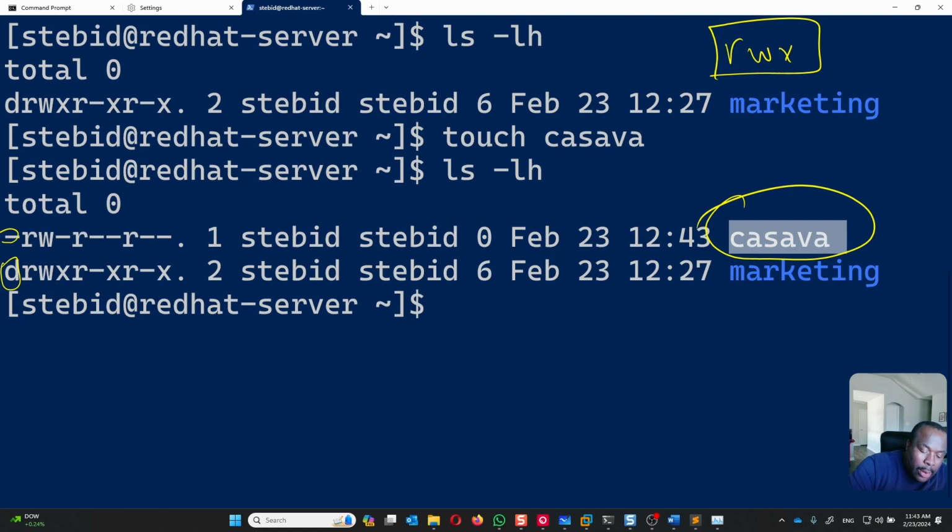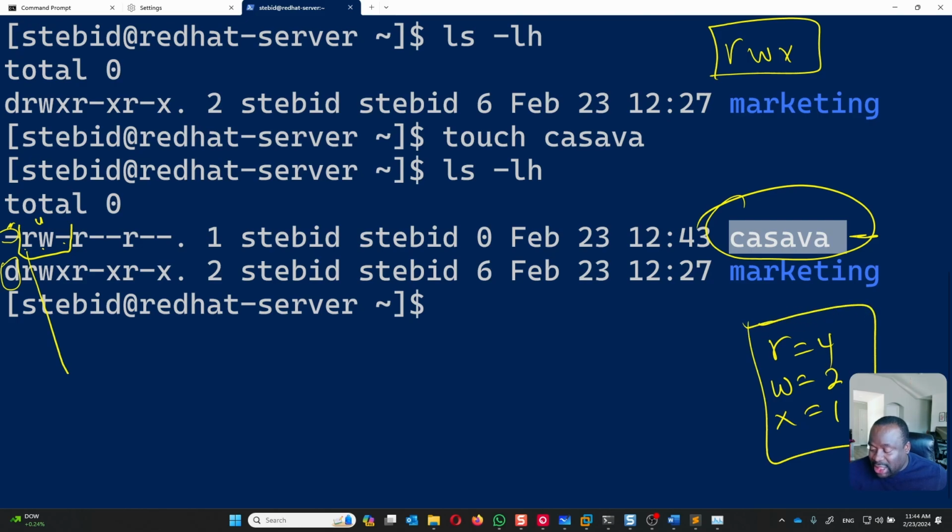Let's start with the first permissions on this one. We're working on Cassava. The first 3 permissions belong to the owner or the user of this file. So 1, 2, 3. What are the permissions? R stands for read. And remember our table: read is equal to 4, write is equal to 2, and execute is equal to 1. Look at this table as we work.